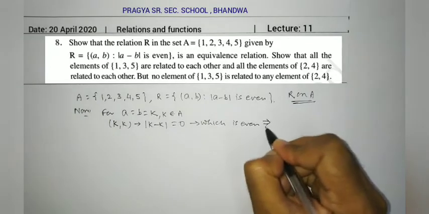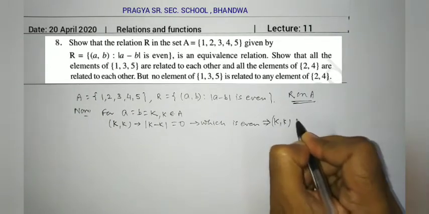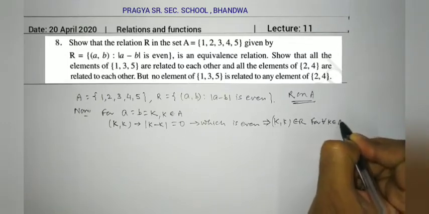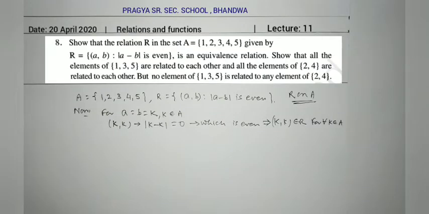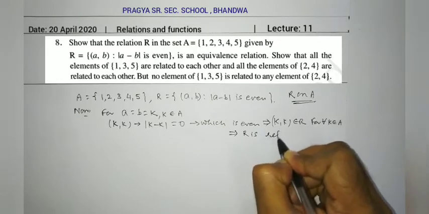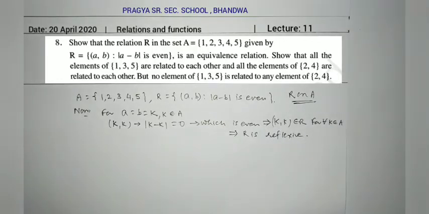This implies (k, k) belongs to R for all k belongs to A. Fine. So we can say R is reflexive. R is reflexive. Is that clear?